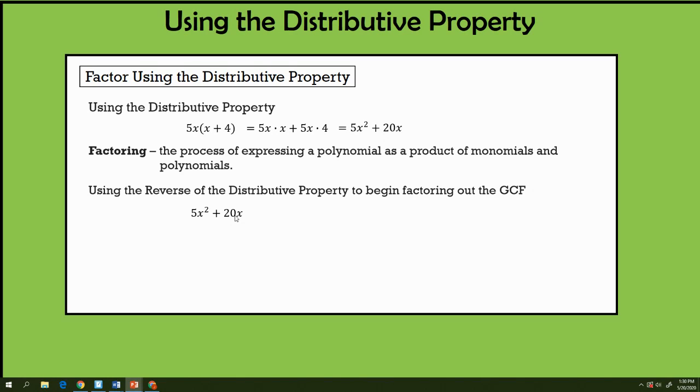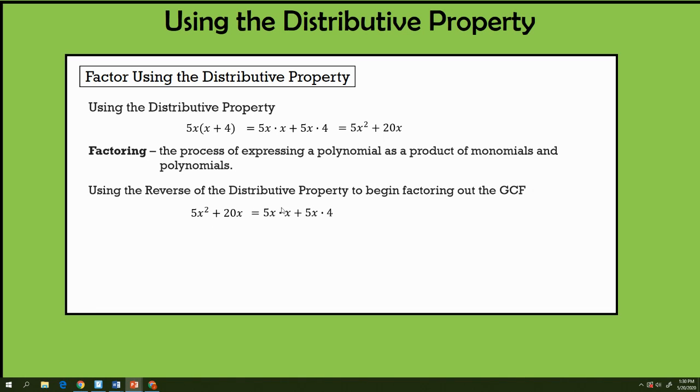So what's the largest number that will divide each of these evenly? Well, it's 5. And then what is the highest exponent of x they both have in common? Well, x to the first is the highest they have in common. This has got 2 x's. This has only got 1. So at most they have a 1. So your GCF is this 5x that you see right here.